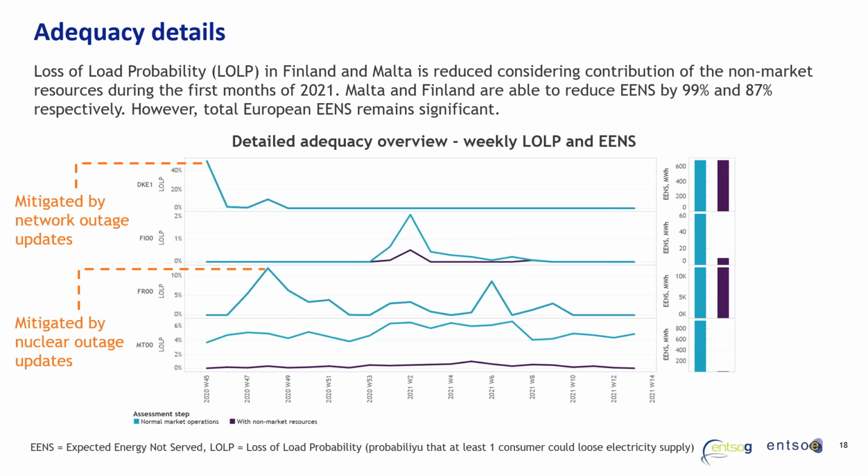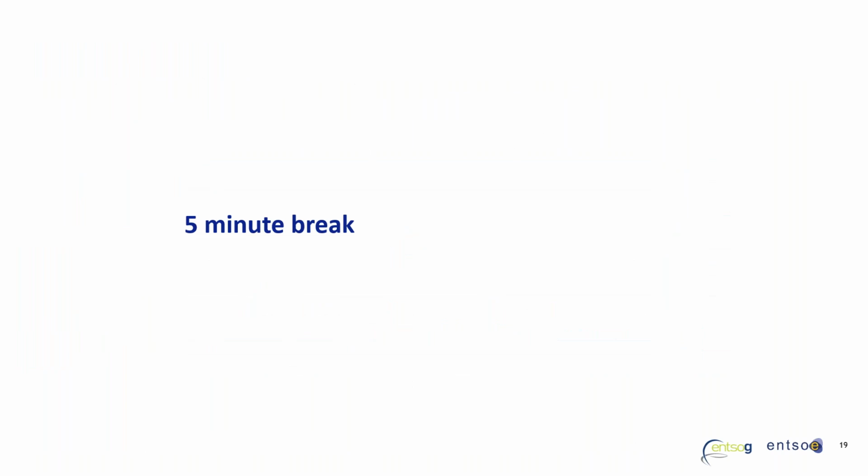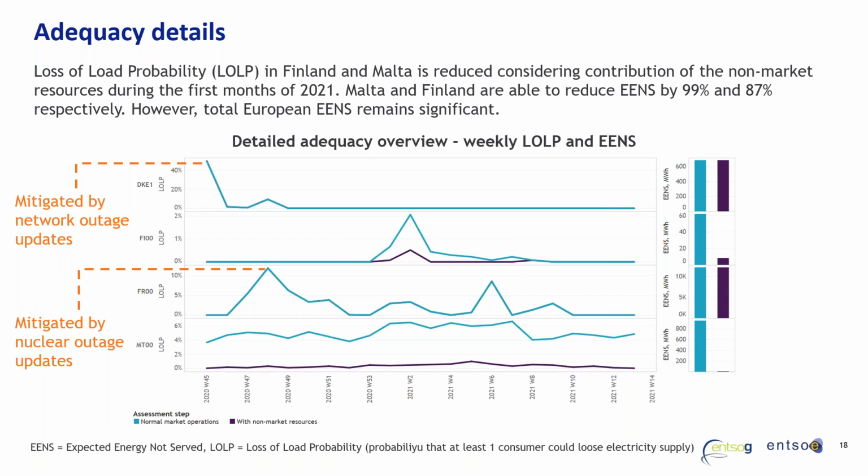And with that, I think this was the last slide on the results of the winter outlook. Just to conclude, in one sentence, what I would like to say is that the situation in the power system is continuously changing, and the TSOs are together monitoring those risks and adapting as needed.